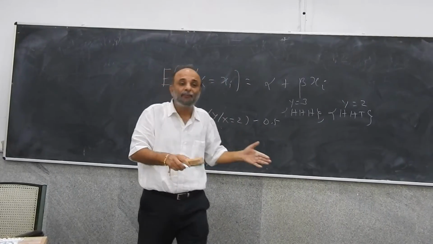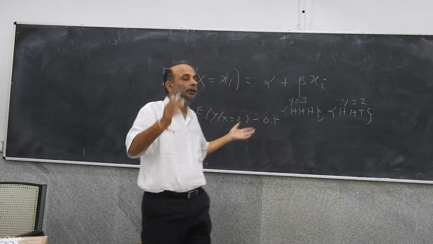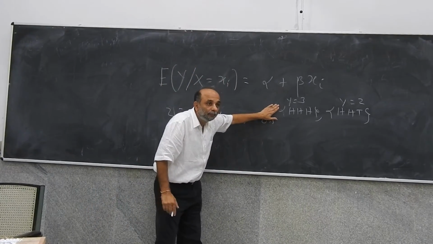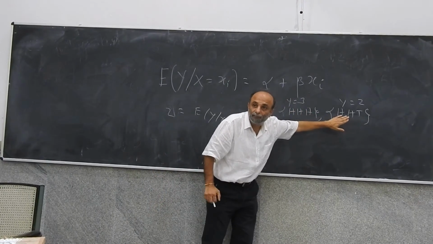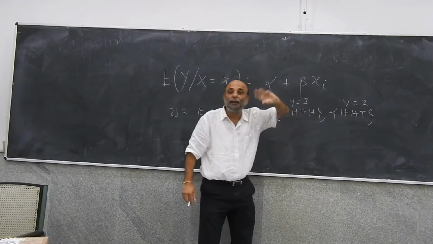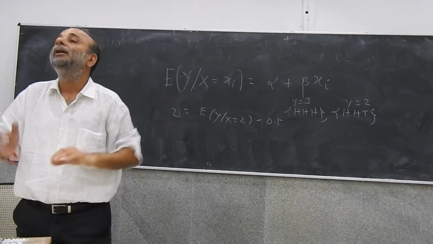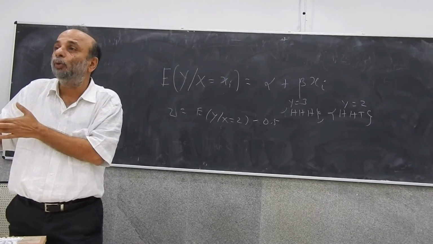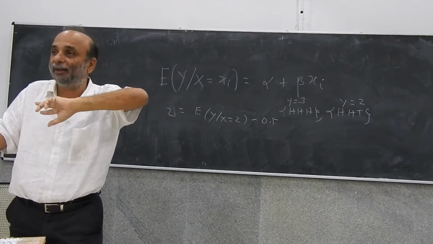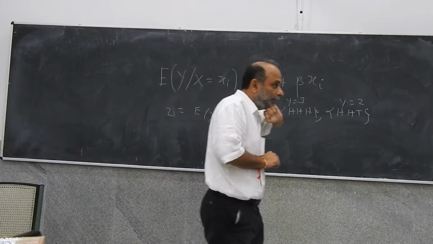Now what is 3 and 2? 3 is one possible outcome given x equal to 2. 2 is another possible outcome. Right? So the two possible outcomes that y takes given x equal to 2 can be written as the average value of y given x equal to 2 plus or minus 0.5. Right? Okay?